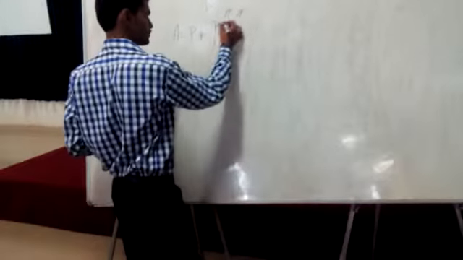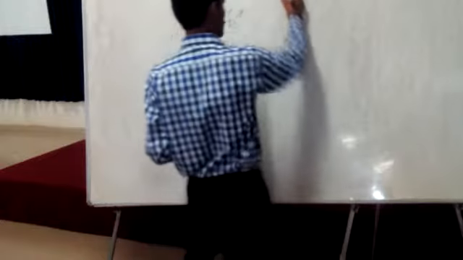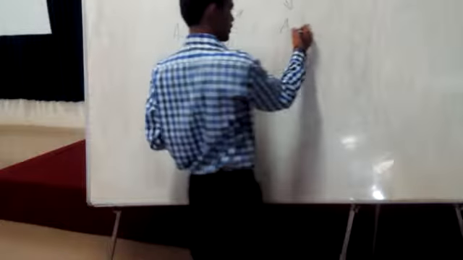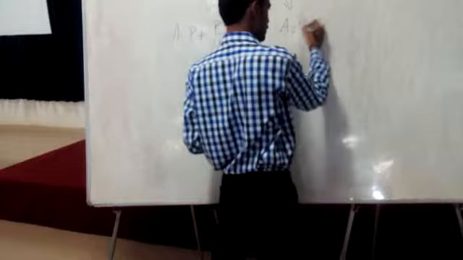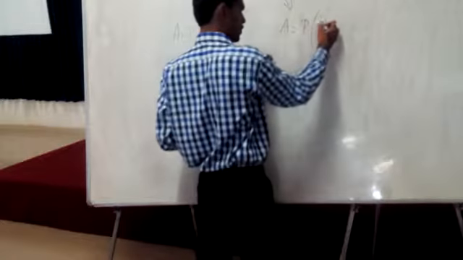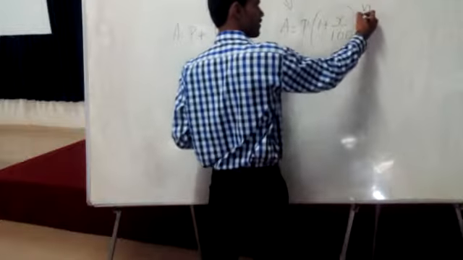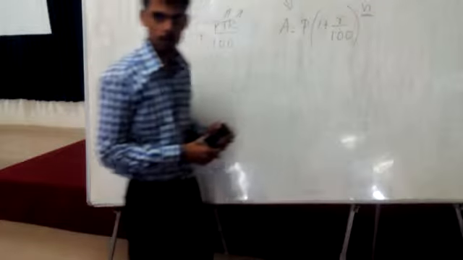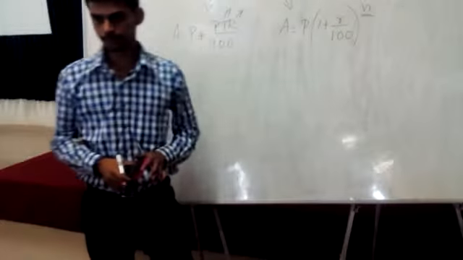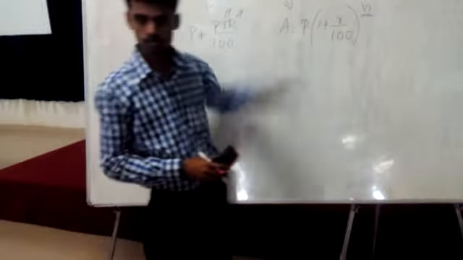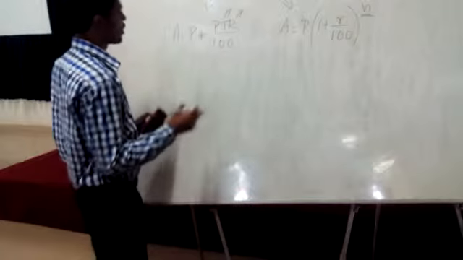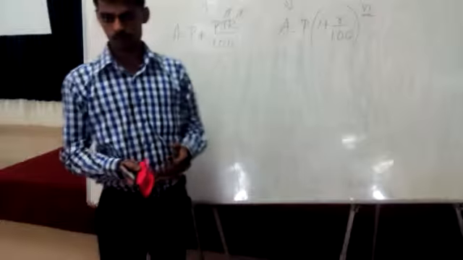Amount by compound interest is given by the formula principal multiplied by 1 plus R by 100 whole to the power of n, where n refers to the number of compoundings and R refers to the rate of interest.